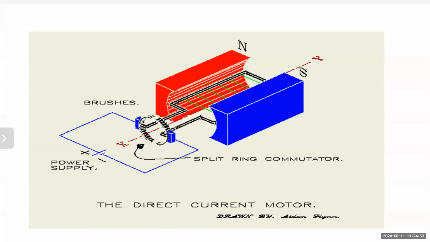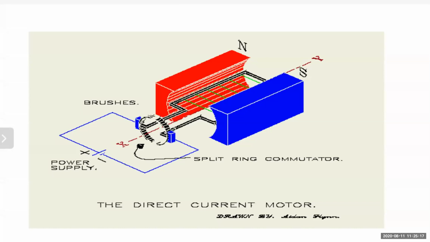Write down there: it reverses the direction of the current in the coil. Have you written the function of the split ring?